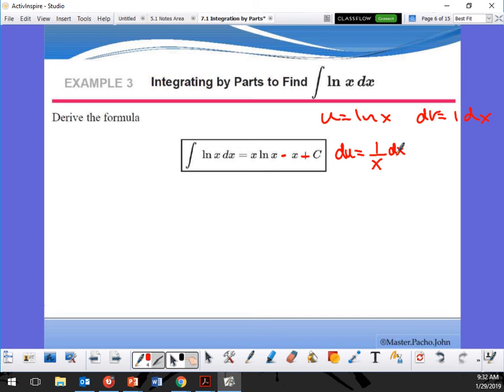Okay, so now what about the other part? What is my v going to be? It would be x, right? So for this one, this is going to be x, and then the plus c from there.